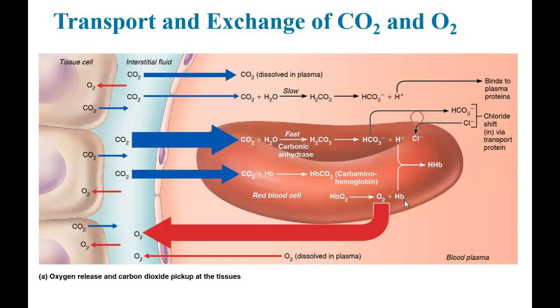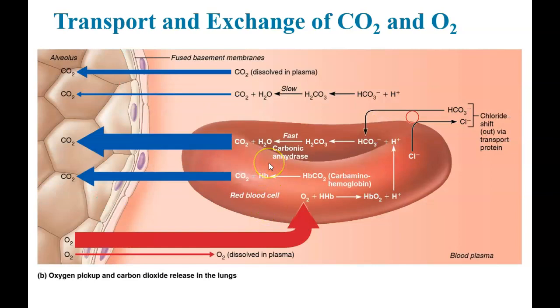So at lowered pH, the hemoglobin would release the oxygen at the tissues. So here's the hemoglobin-oxygen structure. It would release the oxygen, and then that hemoglobin would bind to an excess hydrogen ion in the red blood cell. Then the bicarbonate ions would move to the plasma, out here, to help buffer the other hydrogen ions.